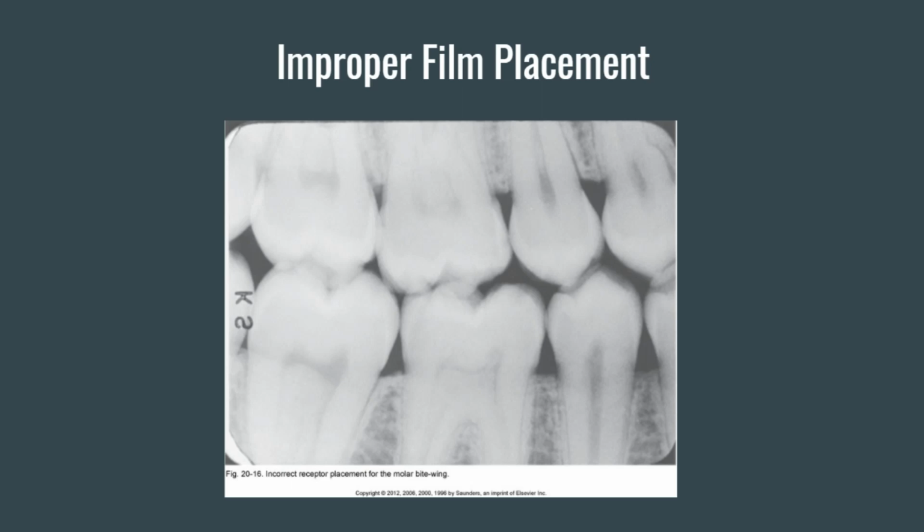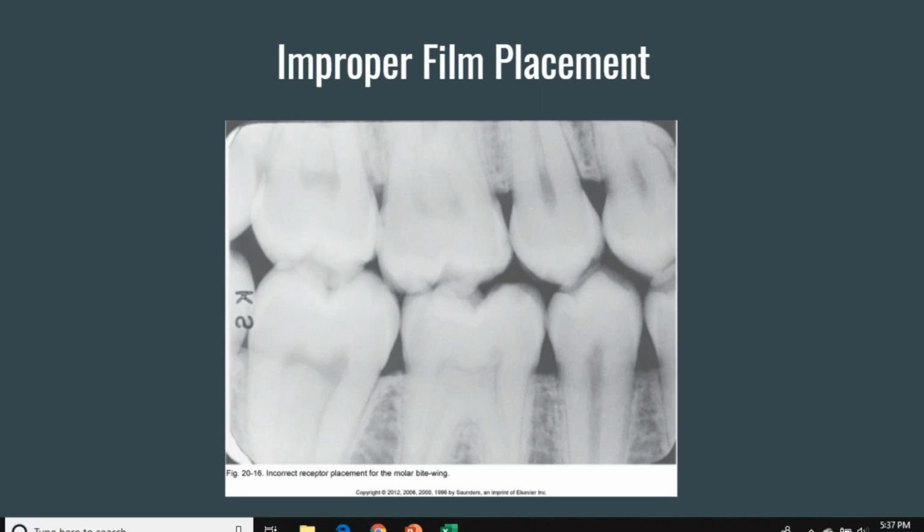So to fix this one, you'll want to line up the front of that film with the midline of the mandibular second premolar. This is a good rule to follow anytime you take a molar bite wing. Even if there's no third molar present, you still want to line it up with the midline of that second premolar.